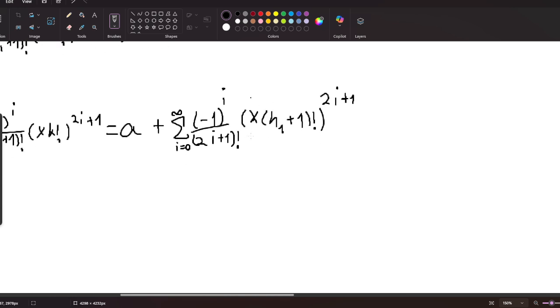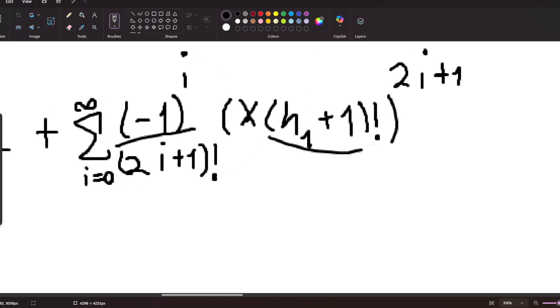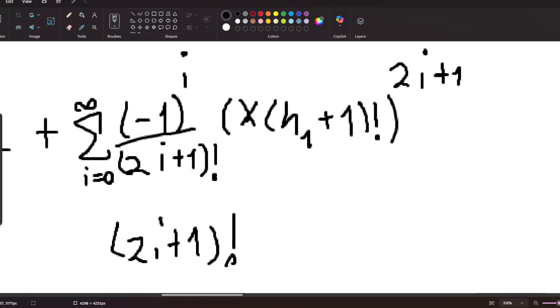Alright, now if we were to take a brief look at this, then we have this part over here, and this part over here, and eventually 2i plus 1 factorial in the denominator is going to overpower this thing.